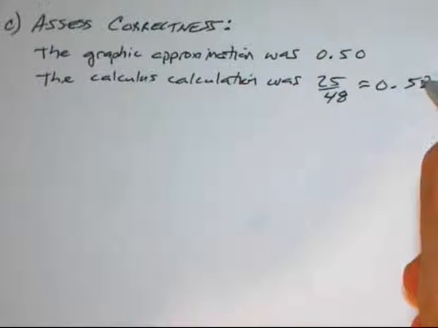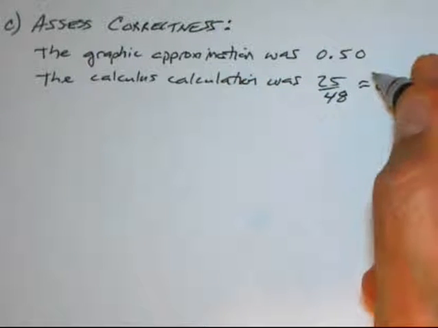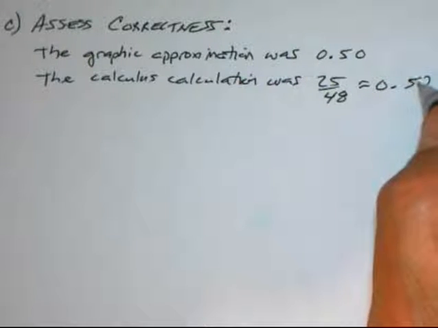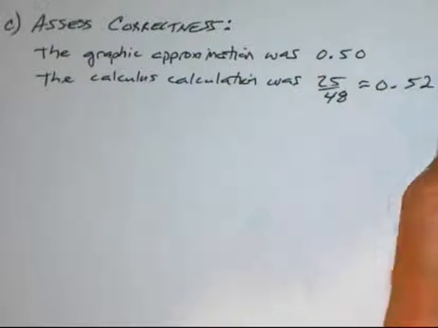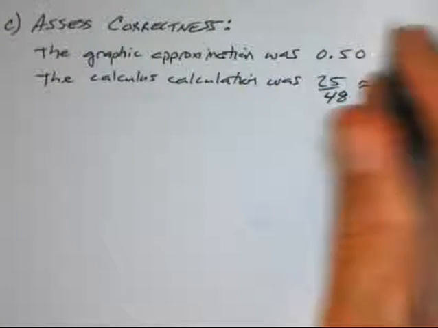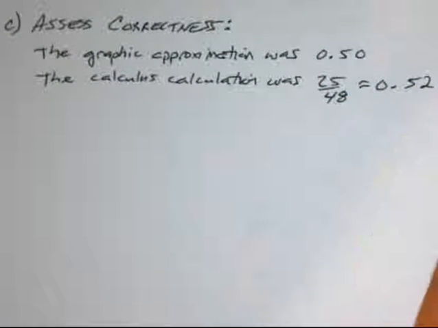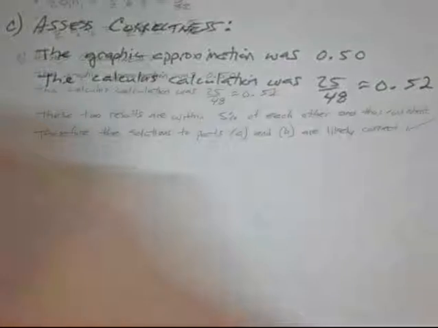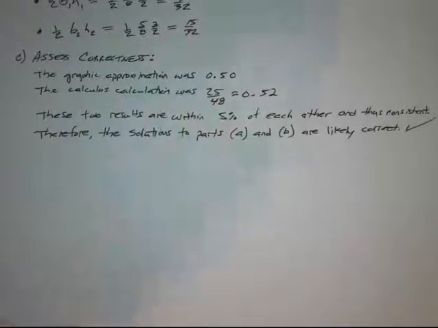We compare here. This looks fantastic, actually. A 0.05 would be 10%. We've only got a 0.02 difference. We have got these two results that are within 5% of each other. So they're consistent, and therefore the solutions to parts A and B are likely correct. Okay, looks great. Done.